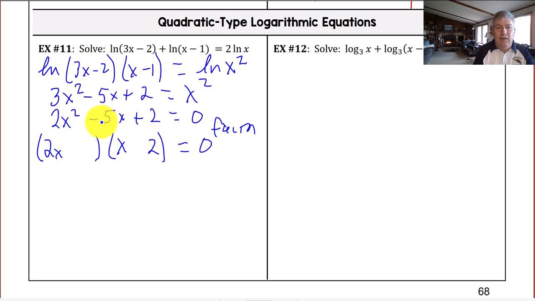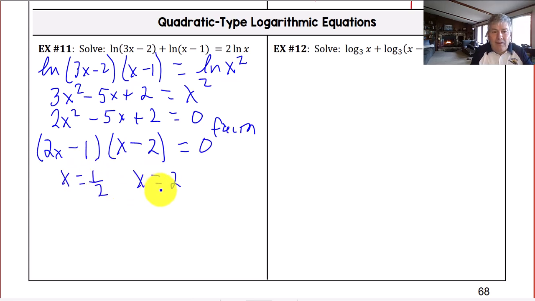I need to get to negative 5. So 1, and they are both negative. I FOIL back. I get what I want. This is correct. Then I solve each of these for x. So in this one I get x equals 1/2. This one I get x equals 2.